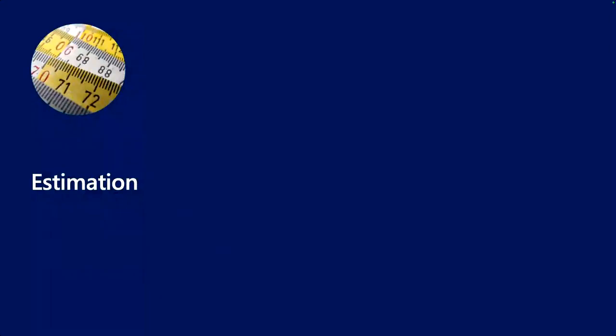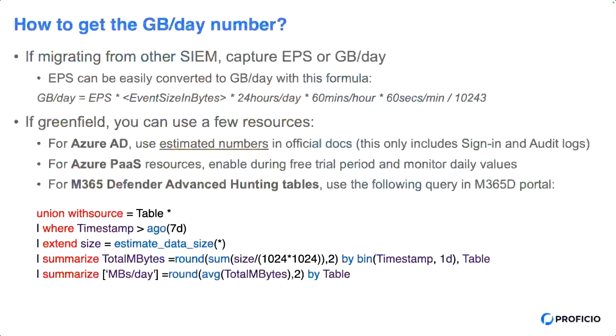Okay, let's try to do some math here to estimate. How do you get the gigabytes per day number? If you are migrating from other SIEMs that capture EPS or gigabytes per day, EPS can be easily converted to gigabytes per day with a formula.